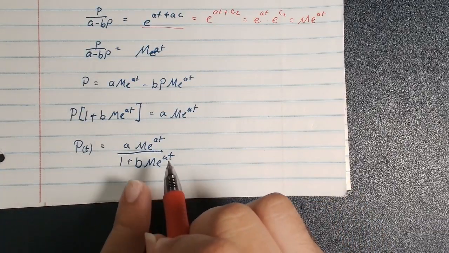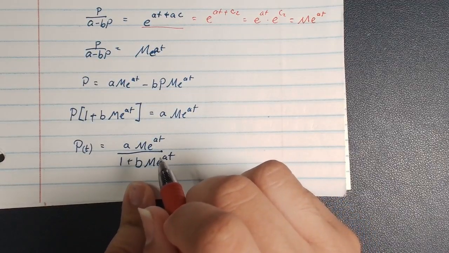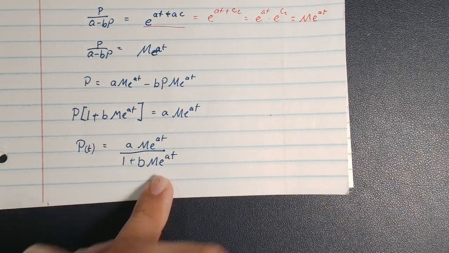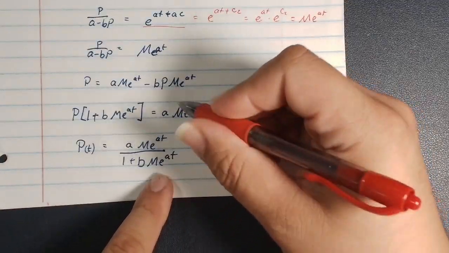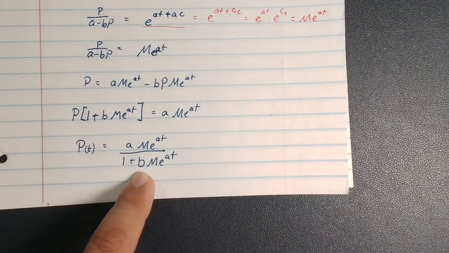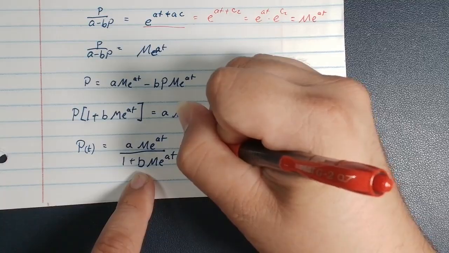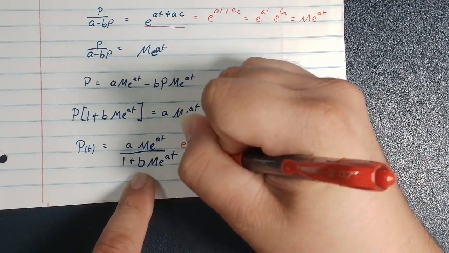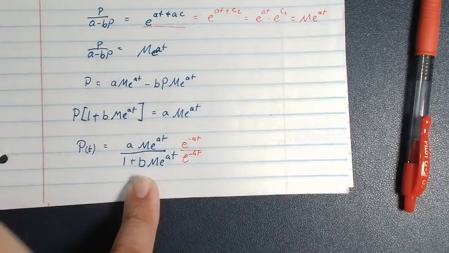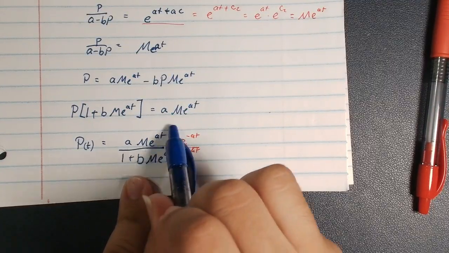Now, while this is the result, oftentimes, again, in application books, you'll see, I'm actually not quite sure why they do this, but this is a very common thing. They will write it a way that looks a little different from this, and the way you get the common rewriting of this is you simply multiply on top and bottom by e to the minus AT. I have no idea why they do that, and maybe it's just to get rid of the fact that this is meat.